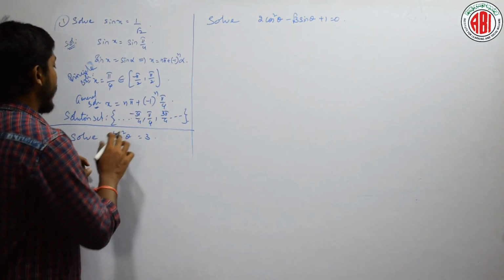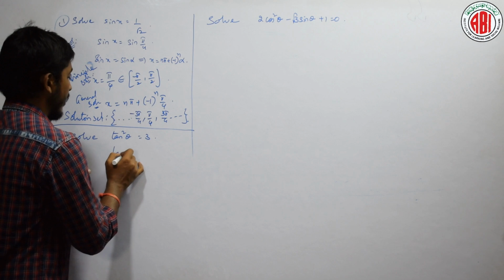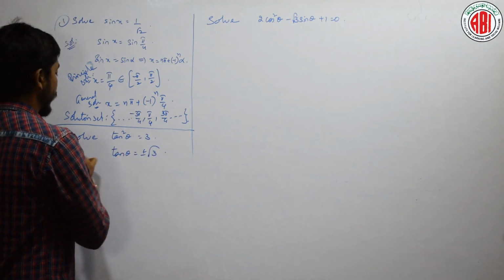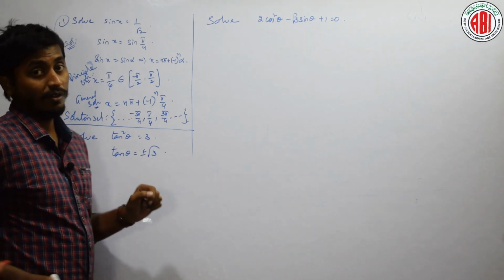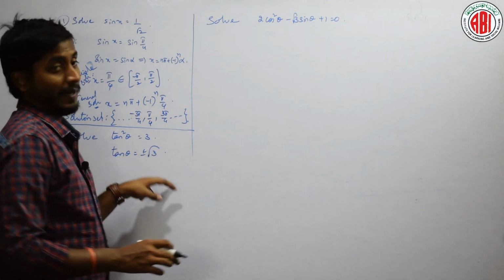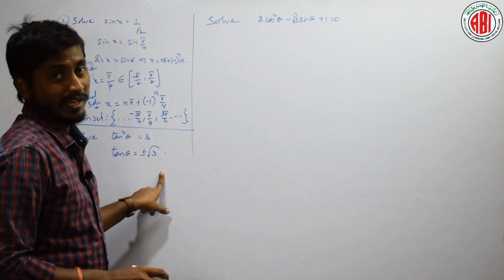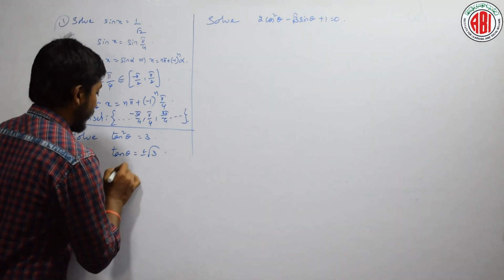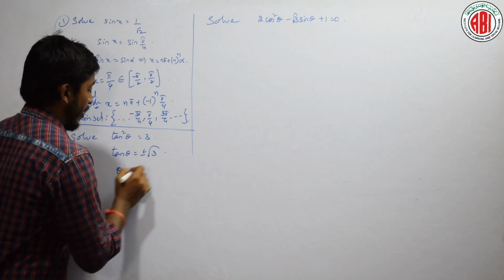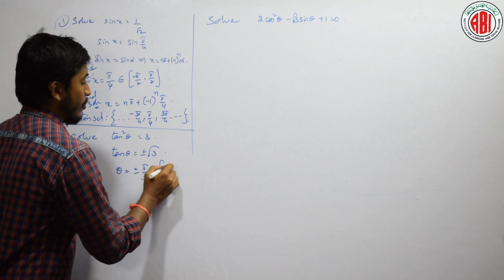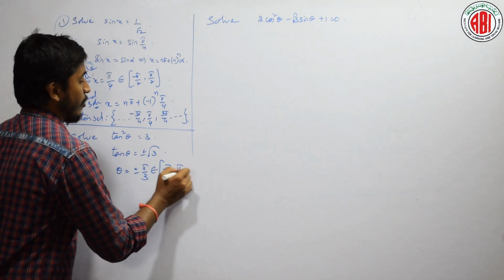See here, tan square theta equal to 3, which means tan theta is equal to plus or minus root 3. Yes or no? Which means tan pi by 3 is plus root 3, tan minus pi by 3 is minus root 3, which means theta is equal to plus or minus pi by 3, which belongs to minus pi by 2 to plus pi by 2.